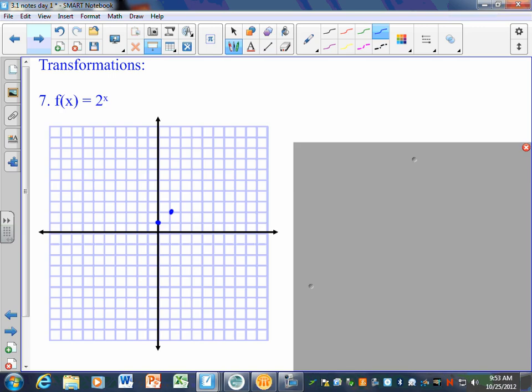When I plug 1 in, I get 2. I plug 2 in, I get 4, 8, 1/2, and this side goes up, and this side, that should be going down a little bit, but that is my f of x equals 2 to the x.